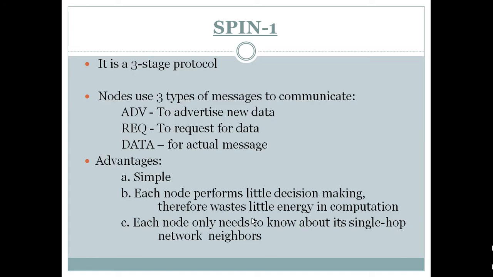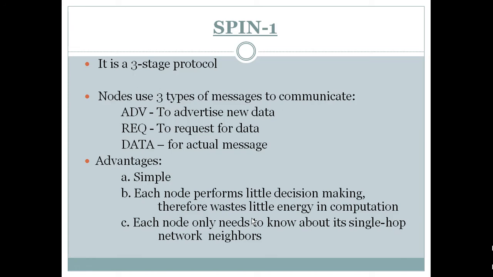ADV is used to advertise new data, REQ is used to request the data, and DATA is for the actual message. Whenever we are transmitting the actual data or actual message, DATA is used.